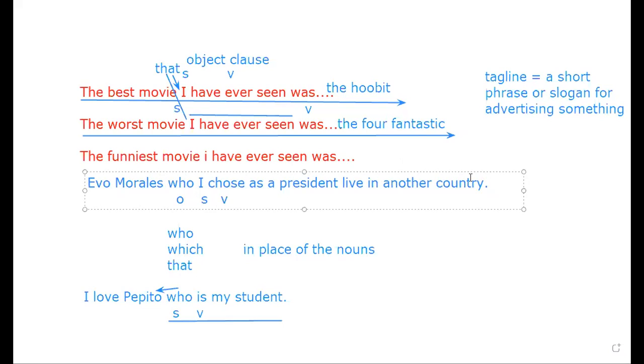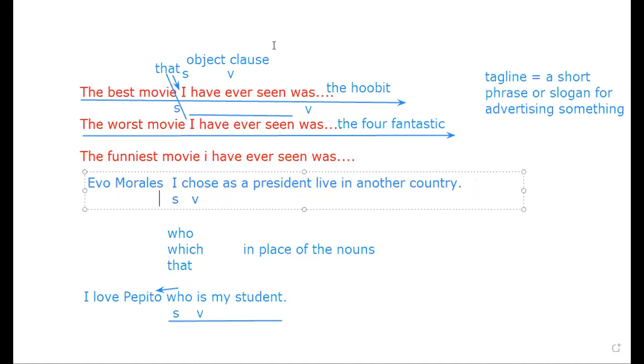Okay, Evo Morales, who I chose as a president, is living in another country. Because I chose as a president Evo Morales. This is the idea, and this idea is in this part, and we can delete. It's implicit, we can say.